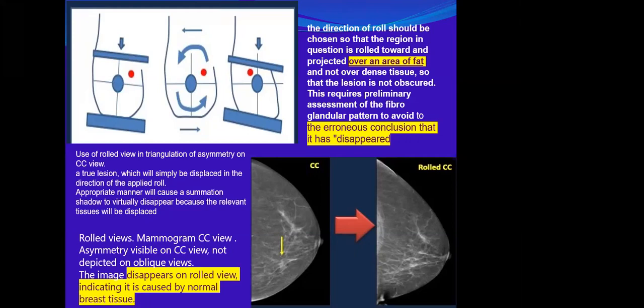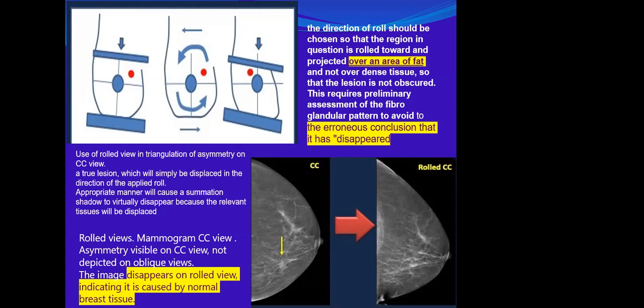Okay, so if the lesion is in the upper or superior part of the breast, it will go with the rolling. If we roll laterally, it will go laterally. If we roll medially, it will go medially. If the lesion is in the inferior part, it will go to the opposite side. If we roll the superior breast medially, the lesion will go laterally.